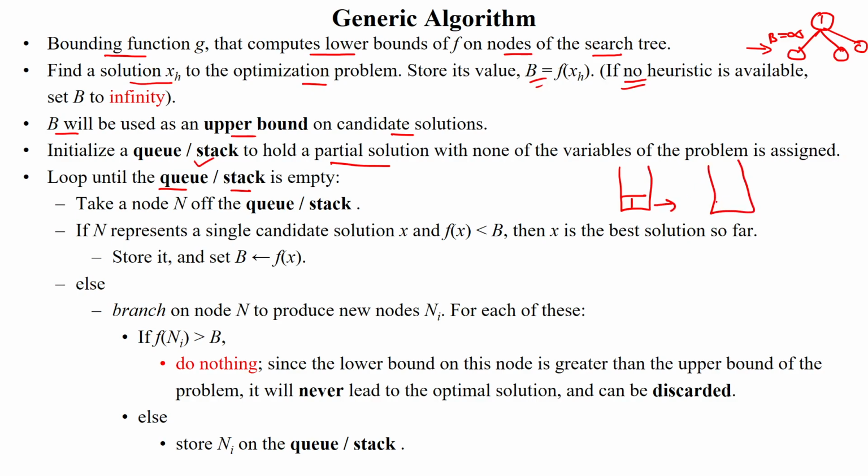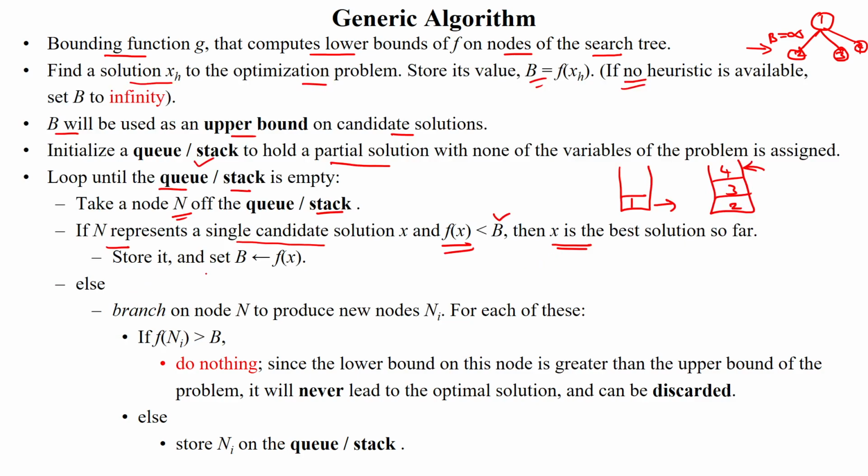After it is explored, I have three nodes, for example. These three nodes will be inserted. Now I have to take them one by one from the stack or queue, whatever data structure you are using. We take one node at a time. If this node provides a candidate solution, and it is less than the bounding function, then it is the best solution as of now.